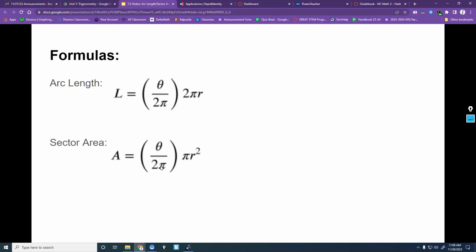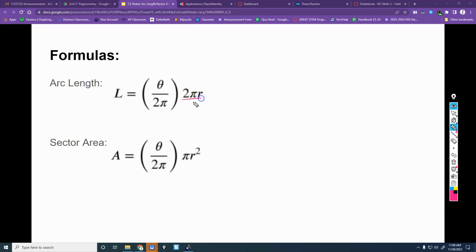Now, these formulas will simplify. So let me show you something here. Okay, so there is an easier version of these formulas. But once again, we are going to have these memorized. So I would probably use these because they're easier to remember.